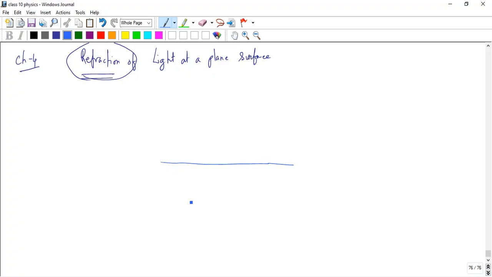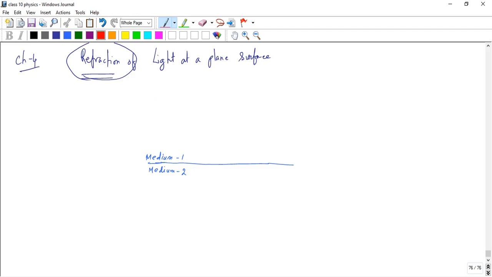Here is a plane surface, and this surface is also a divider. That is medium 1, and below that boundary there is a medium 2. There is a source of light here.